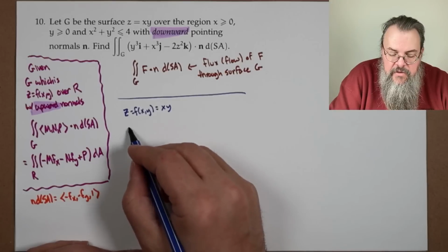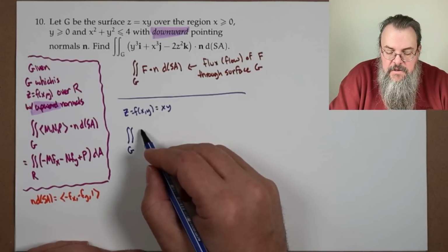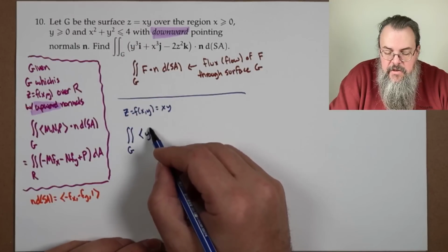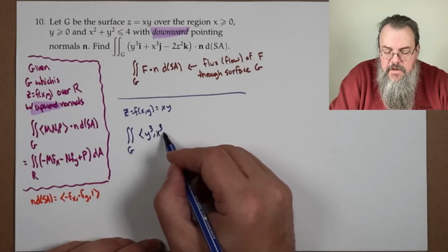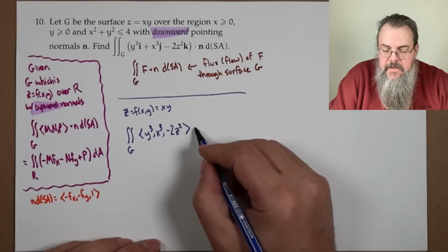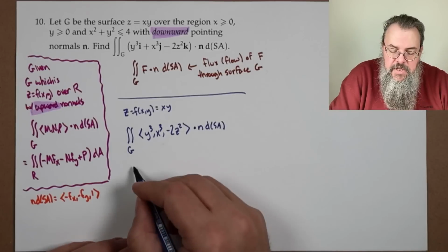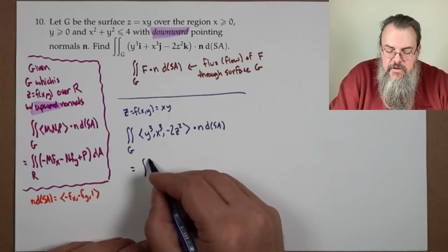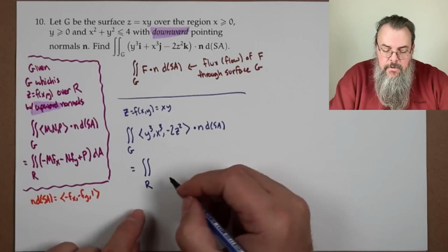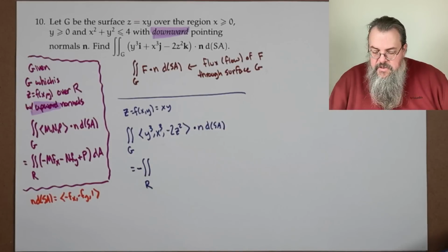So this says the integral over our surface G of, and we can write this, if you like, as y cubed, x cubed, minus 2z squared dot n dS will be equal to the integral over our region of, well, first off, minus, and we're going to make a quick note.